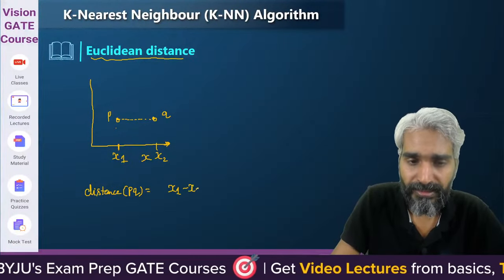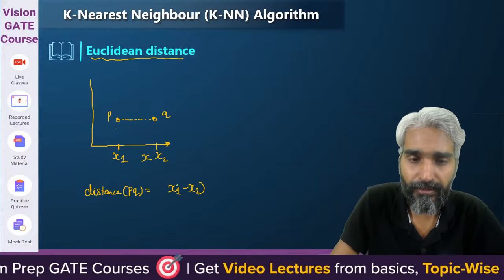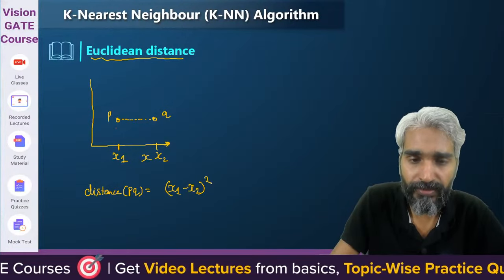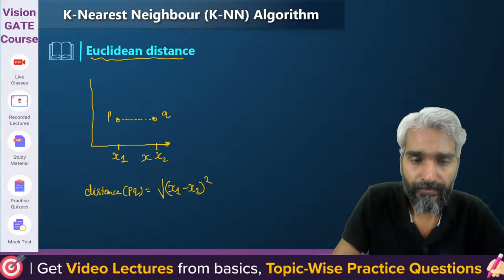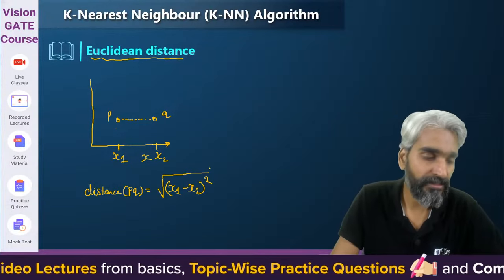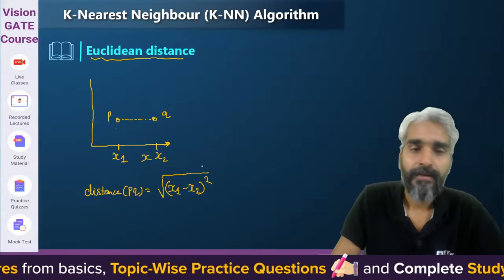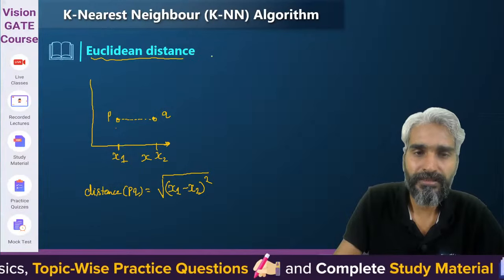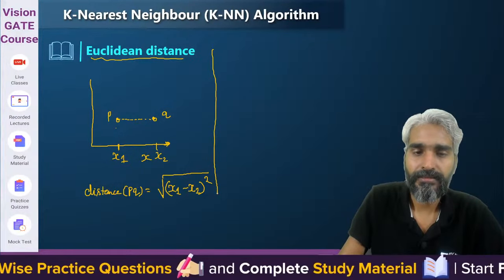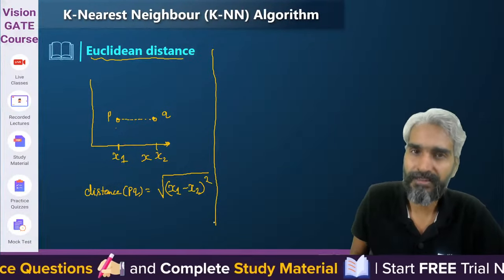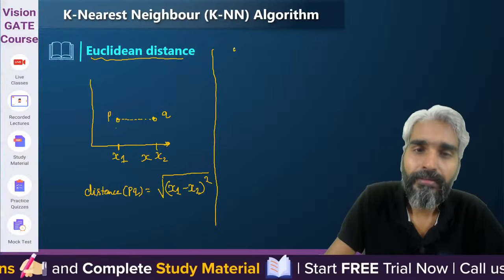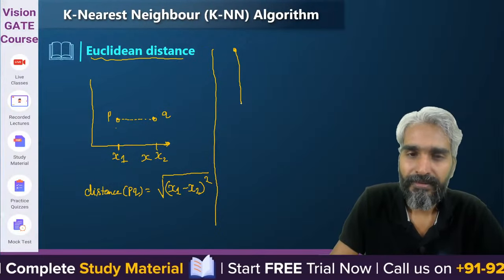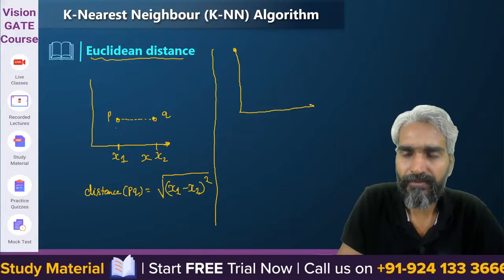Now the problem is this value may be positive, may be negative. Therefore, you can take the square of this and then take the square root. So this is the Euclidean distance, the modulus. You may think of it as a mod. You know this concept already with the help of mod.